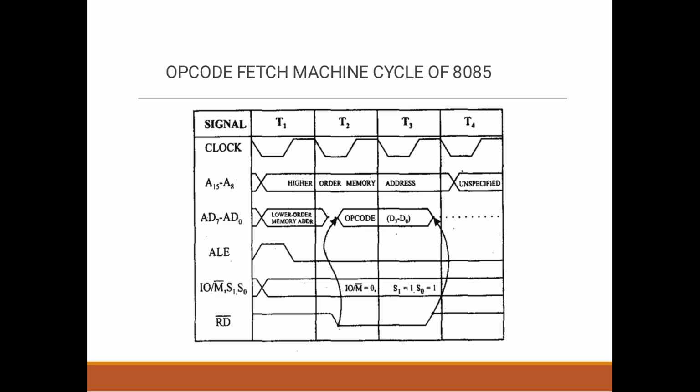IO/M bar, S1, S0. Here in this status signal IO/M bar equals 0, S1 equals 1 and S0 also equals 1. Then read bar. Here it is high in the T1 state, and in the T2 and T3 states it is active low.